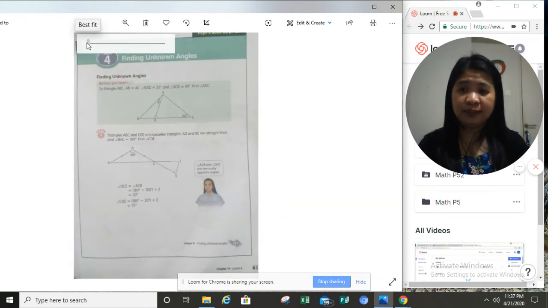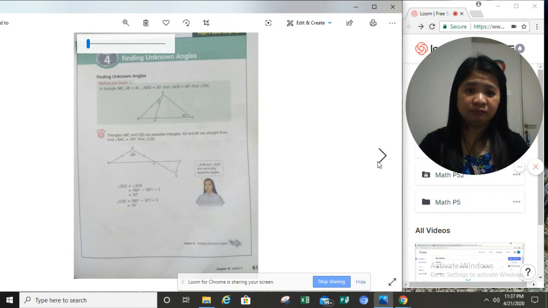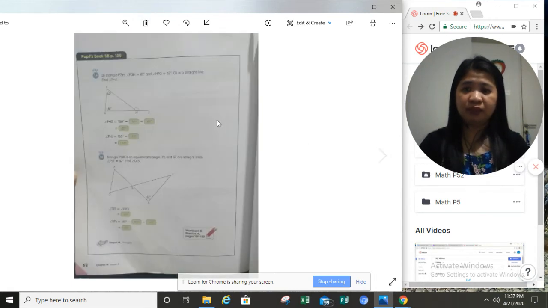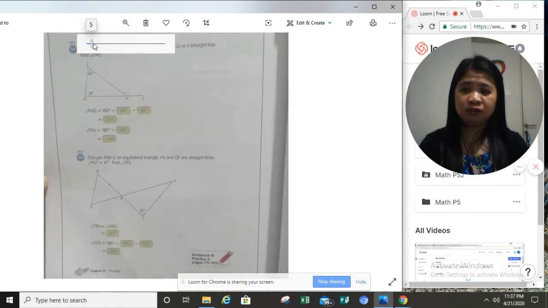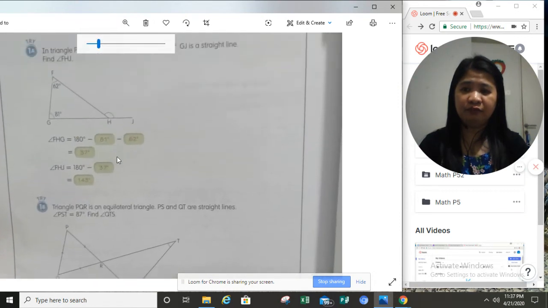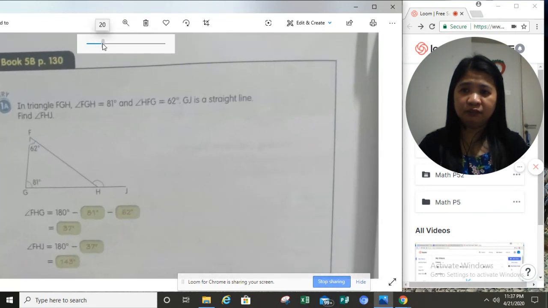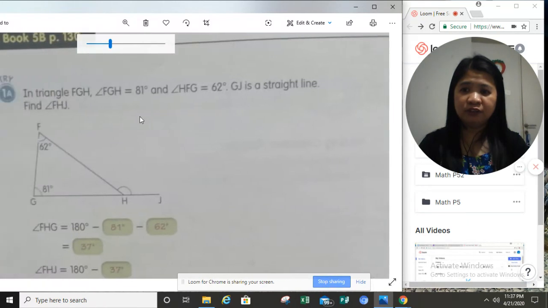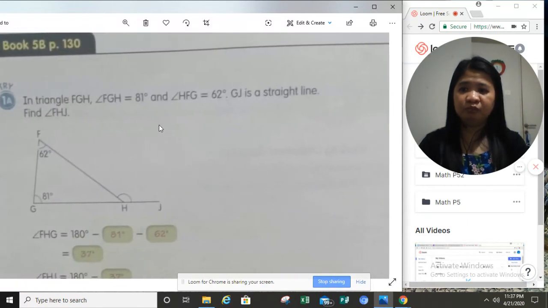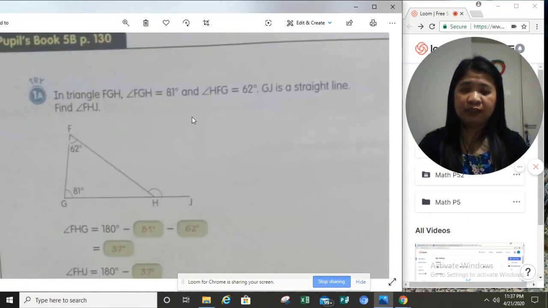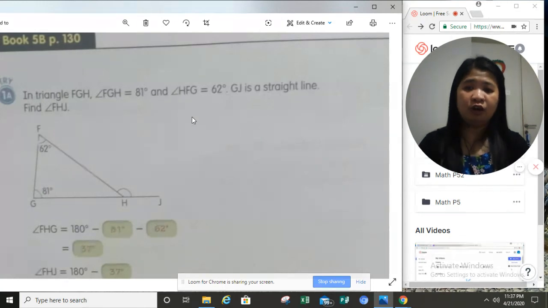Next page, page 429. This is page number 2. We already have the answer here, but I would like to discuss the figure to you. It doesn't matter if there are answers here.